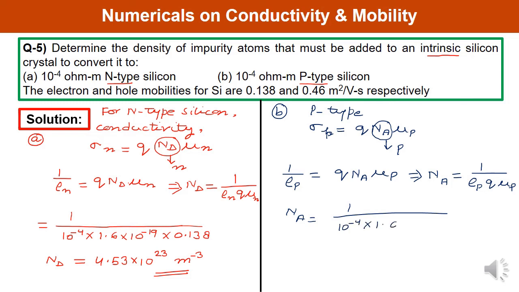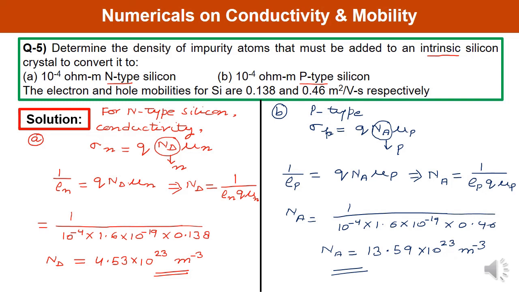Q is 1.6 into 10 raised to the power minus 19, and mobility of holes is 0.46. Simplify it, you will get the value of Na as approximately 13.59 into 10 raised to the power 23 per meter cube. So this is what was required in this particular question.